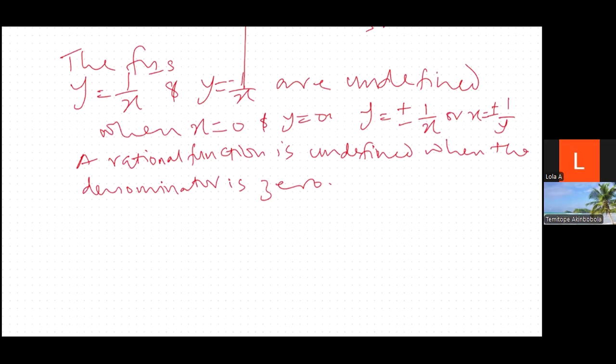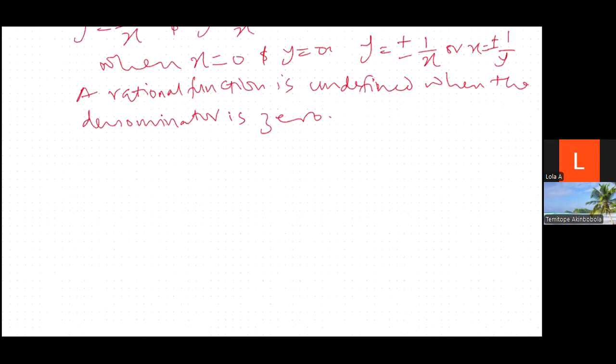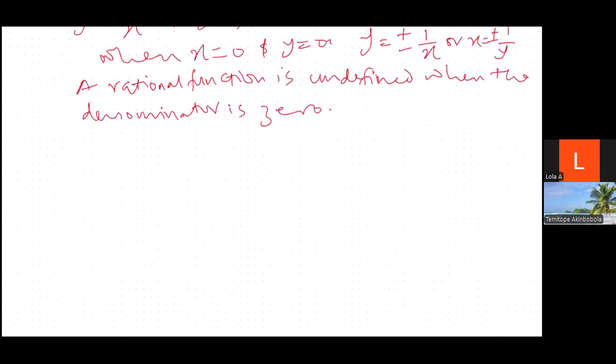Okay. So because of what we have said now, that is going to be asymptotic. I mean, it's going to be undefined when x is 0 and when y is 0.